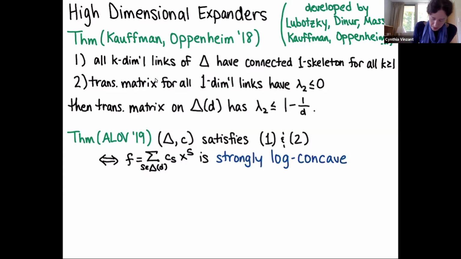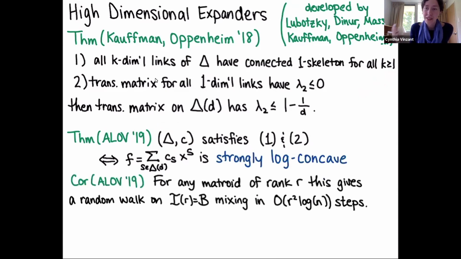If you sum over all of the top dimensional faces the weight and the corresponding monomial, then these two conditions are equivalent to it being strongly log-concave. In particular, this means you can run a Markov chain on the bases of a matroid this way, and it mixes relatively quickly.